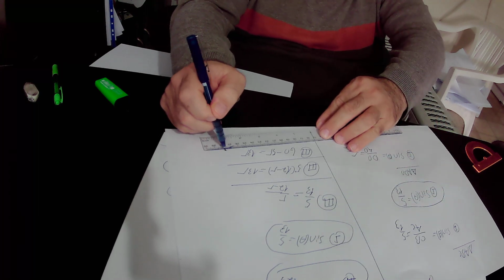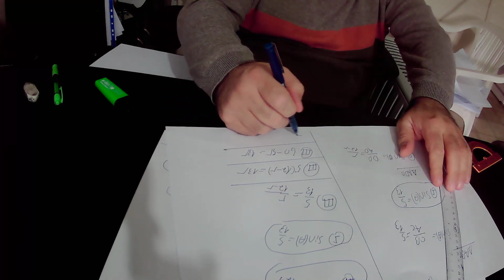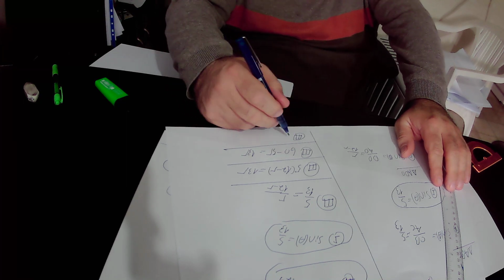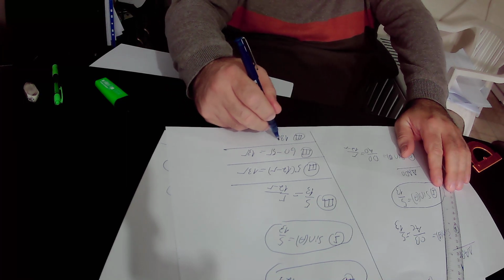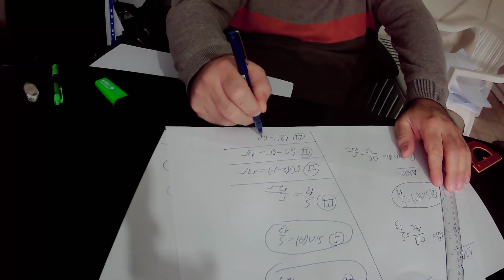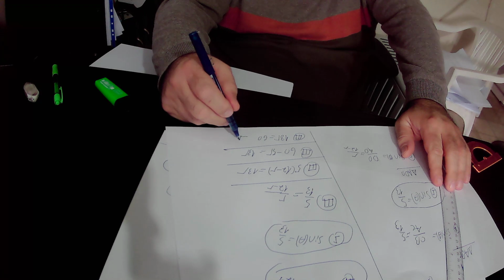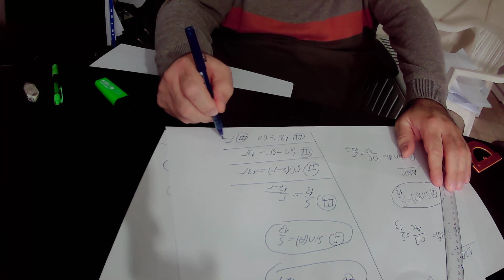We will add 5R to this equation, and we will get that 13R plus 5R is 18R. It equals 60. We will divide this equation by 18, and we will get that the radius of the semicircle equals 60 over 18.